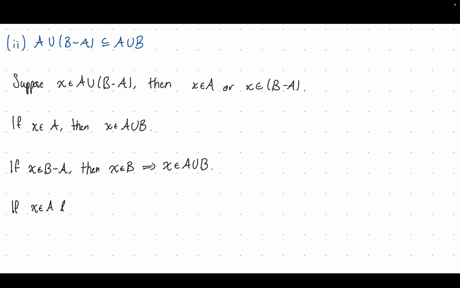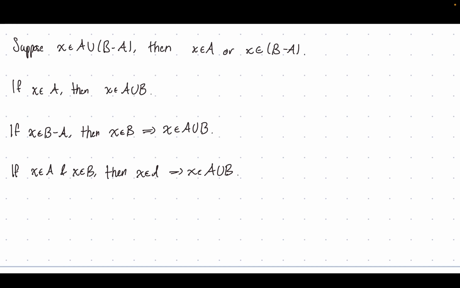If X is in A and X is in B, then X is in A, which implies that X is in A union B. Usually the case where you consider both things being true is a subcase of one of the two being true. You just have to figure out which one if it's not completely apparent at first, which is what I did in the first subpart of this. So regardless, either way, A union B minus A is a subset of A union B.